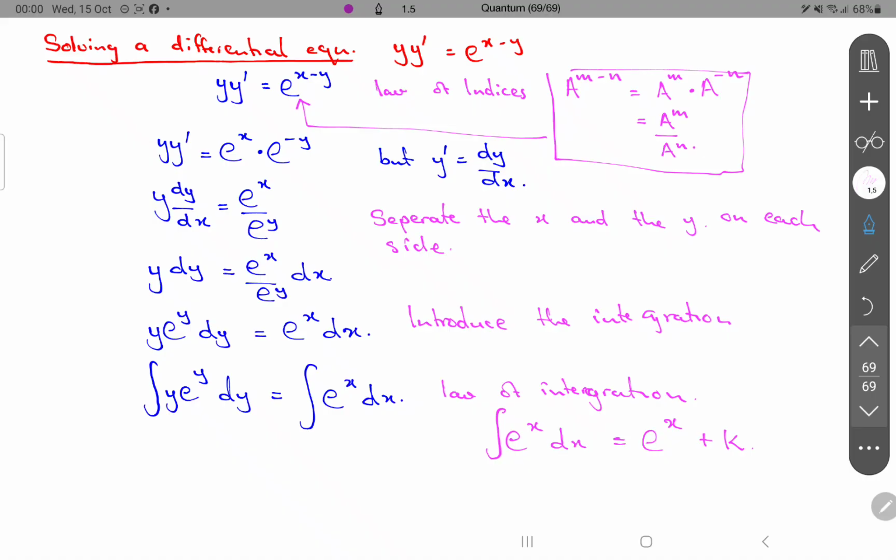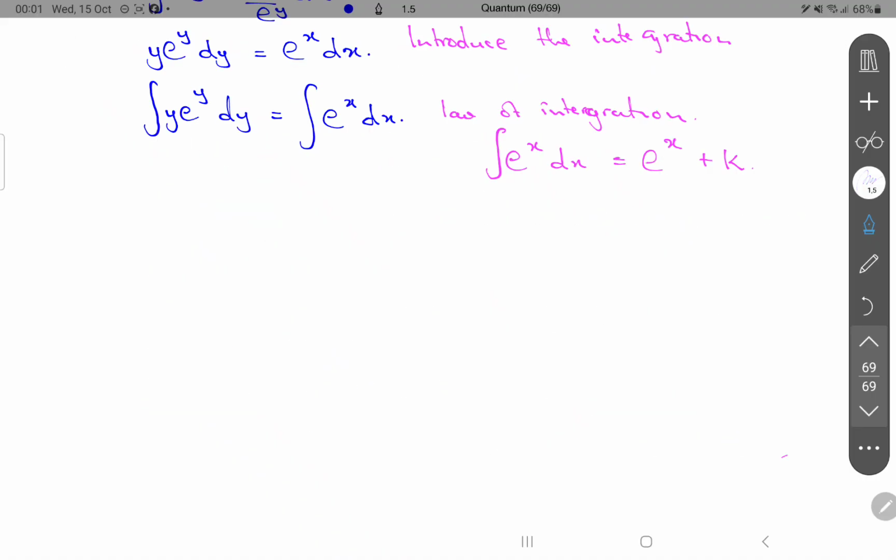Now, what are we going to get? We are going to say the integral of y e to the power y dy is equal to e to the power x plus k.